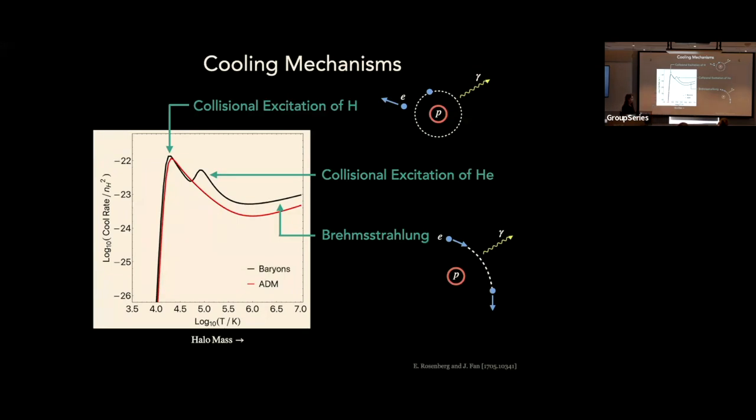So very similar. In this region here, you're dominated by collisional excitation of your dark hydrogen. In this region here, you get bremsstrahlung of your dark electron off of your dark proton. You can see, though, you don't get that peak, and that's because we're working in a really simple model where we don't have helium. So that's gone.